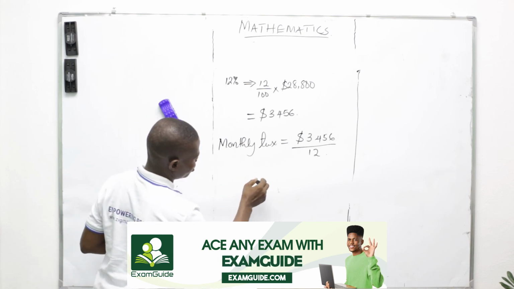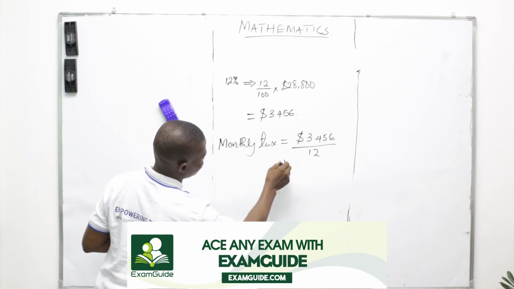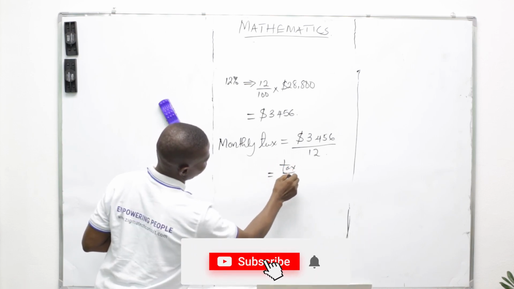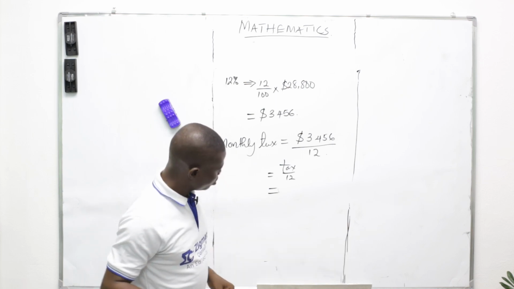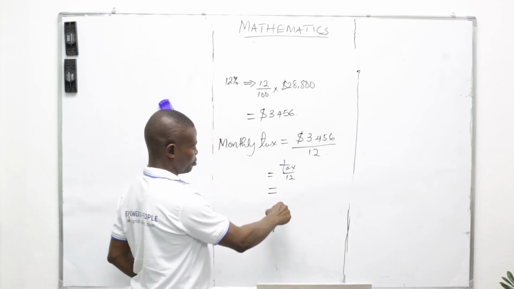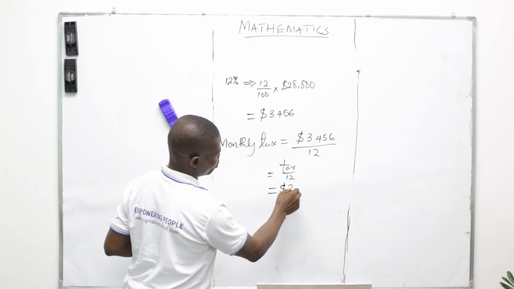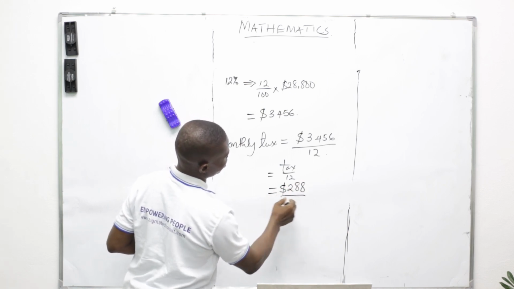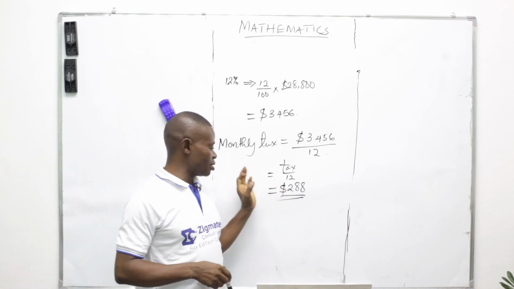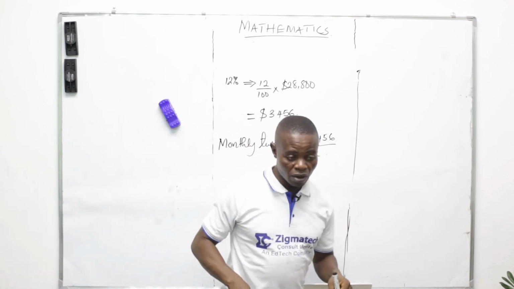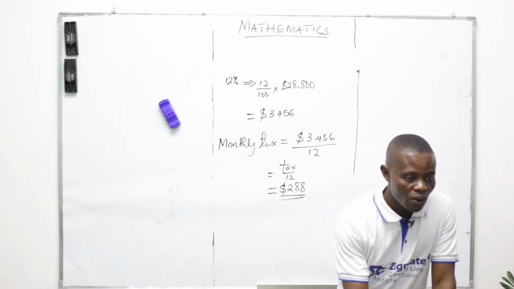That is tax over 12 equals $288. This is the monthly tax of Mr. Okafor.